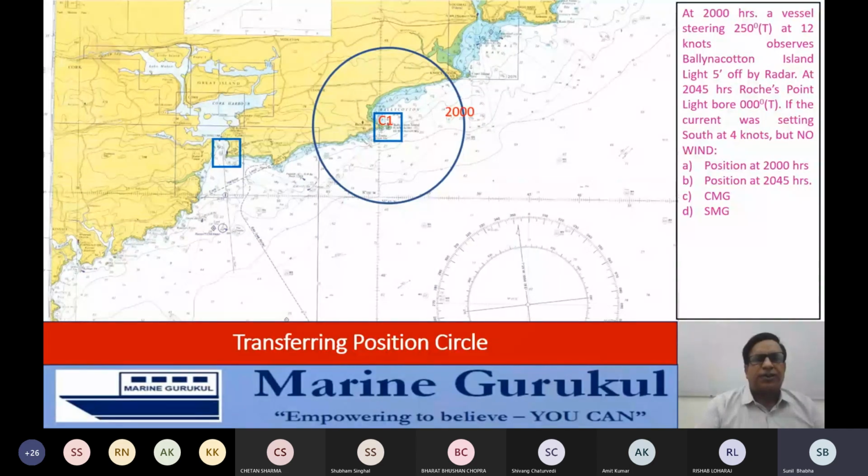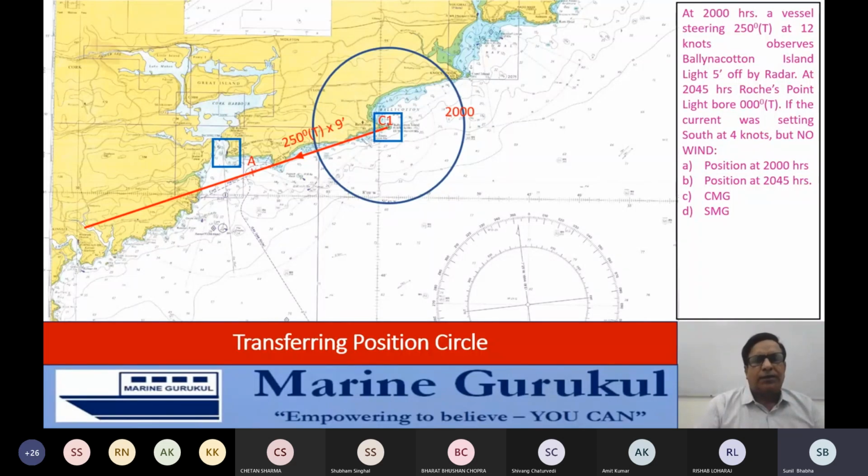So we first draw the CTS of 250 through C1, single arrow, and the 45 minutes engine distance shall be 9 miles. We cut off that point and we get point A. A would be the DR, not really DR because the ship is not at C1, but if the ship was at C1, then the DR would be A.